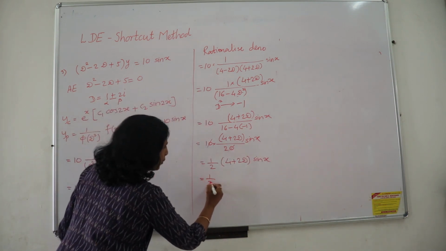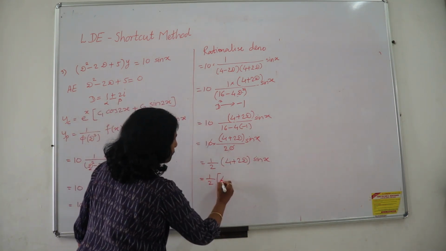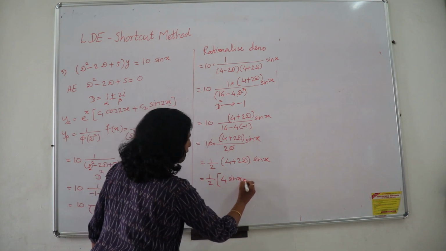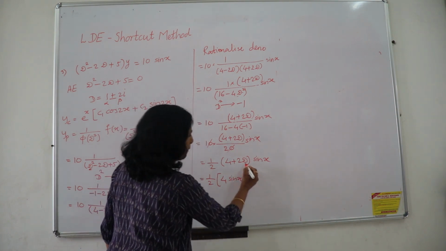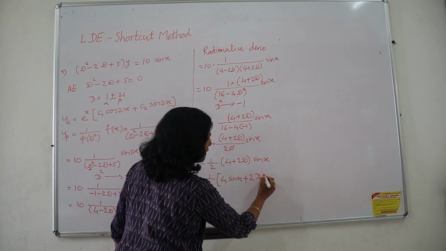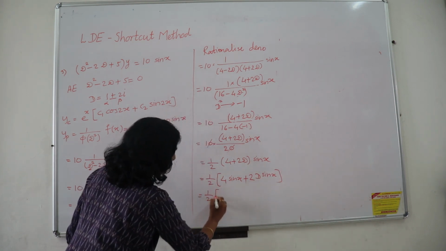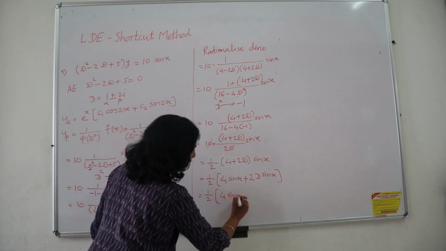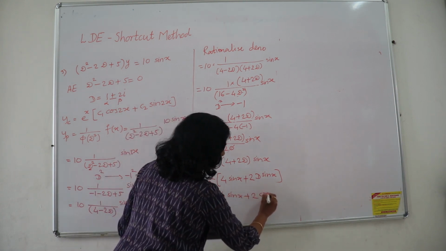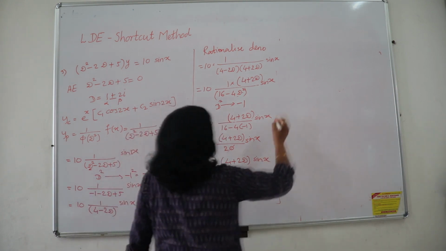So this is 1 upon 2, and then here you multiply: 4 multiplied by sin x plus 2 multiplied by D of sin x, which means the derivative of sin x, and the derivative of sin we will take as cos. 4 multiplied by sin x plus 2 multiplied by cos x. This is the complete value you are getting.